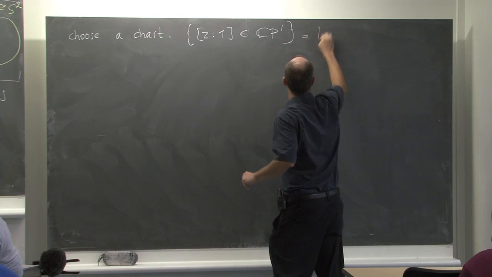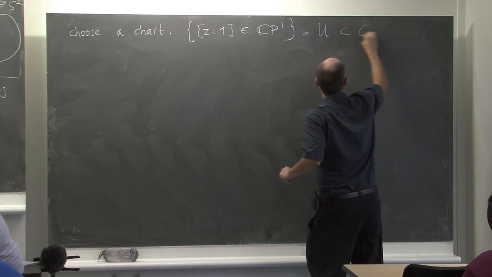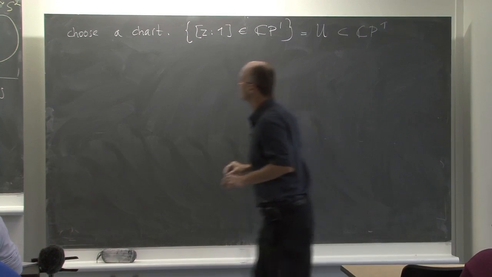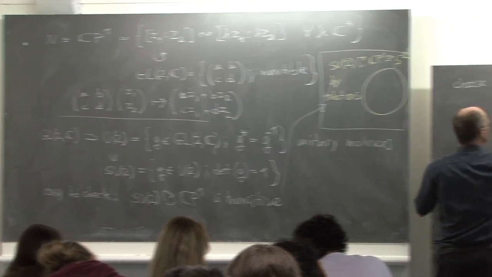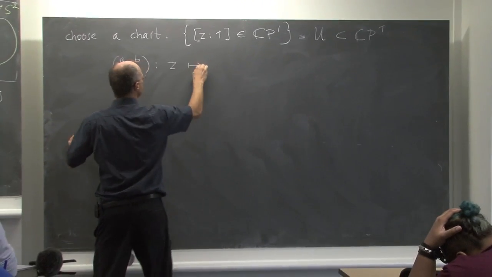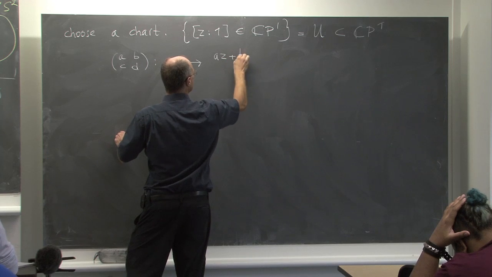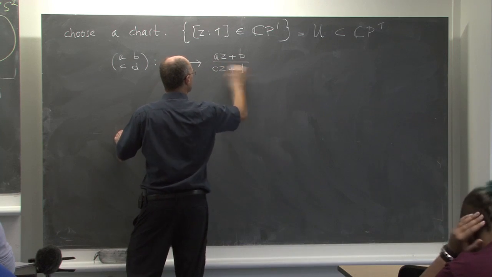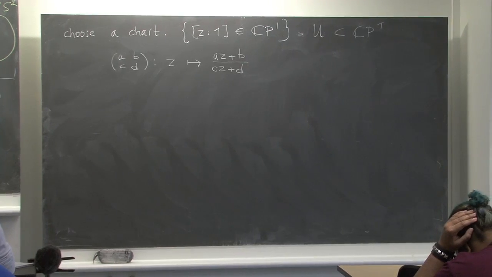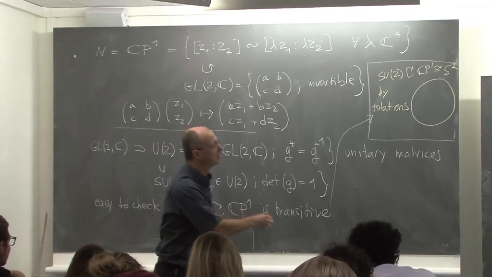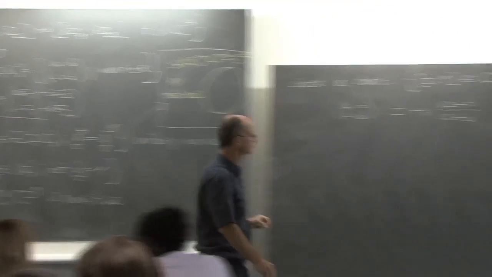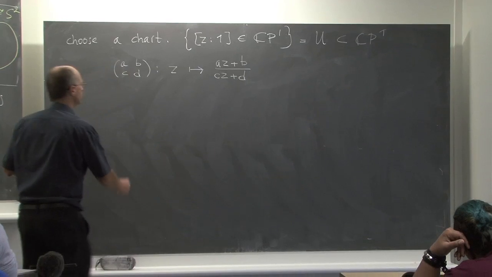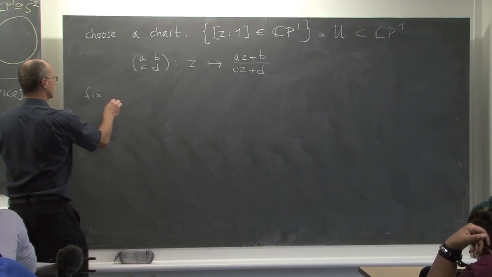So let's say it's U inside CP1. And now in this chart, this action will look as follows. So now a, b, c, d will be sending z to the ratio of the two, right? If we normalize the second one to be 1, then the first one will become a ratio of the first by the second.